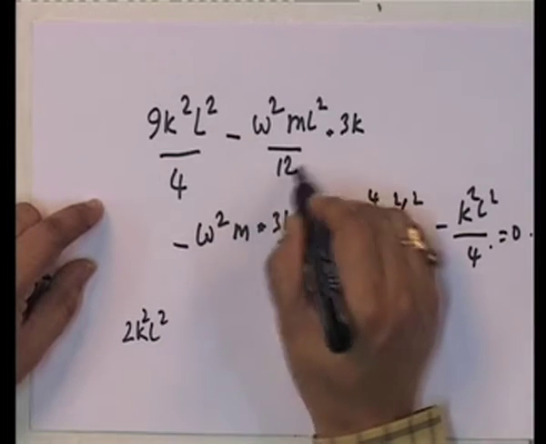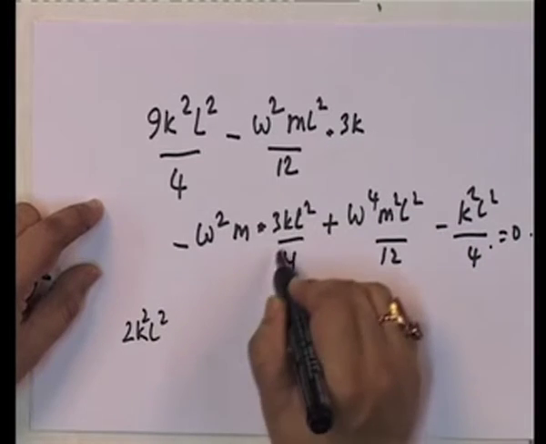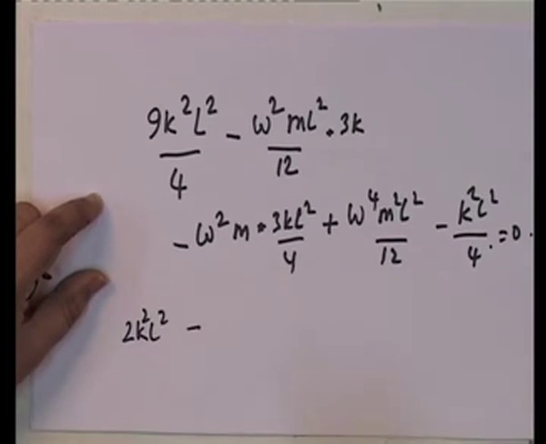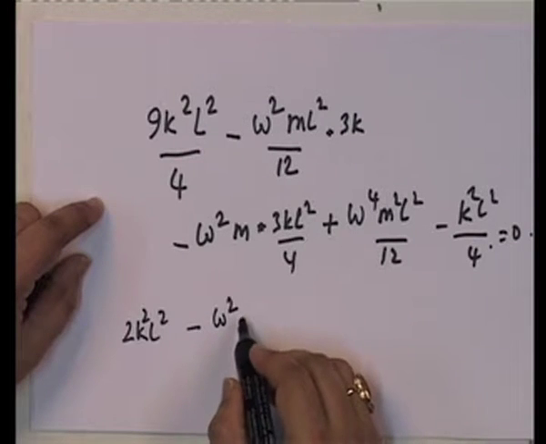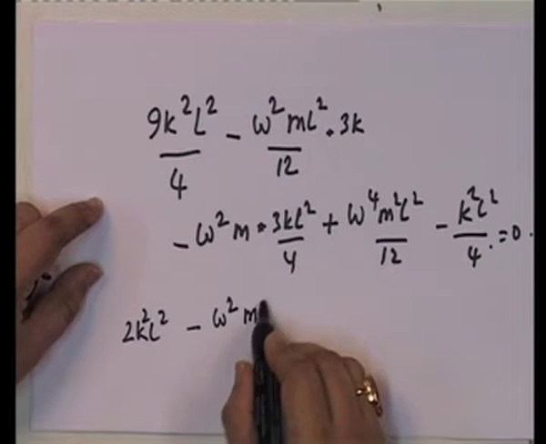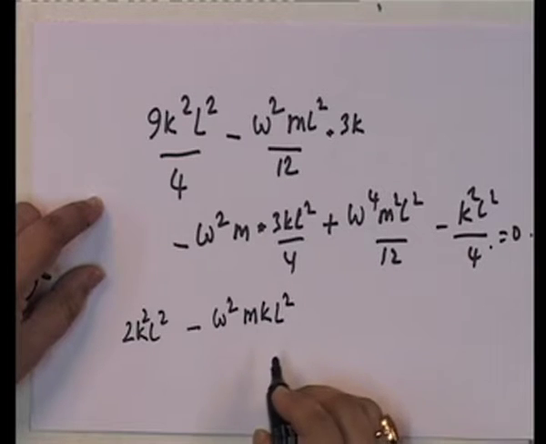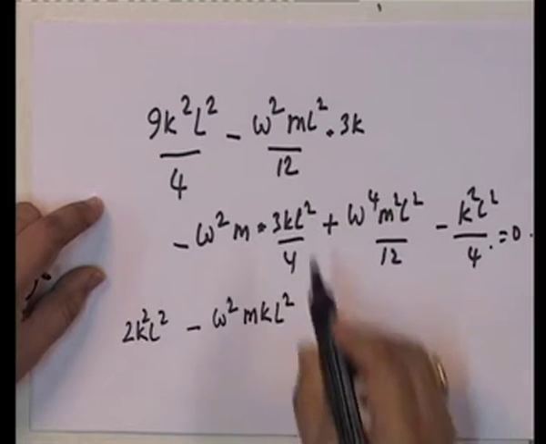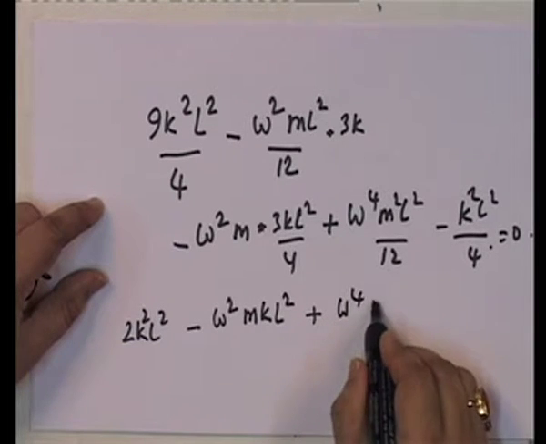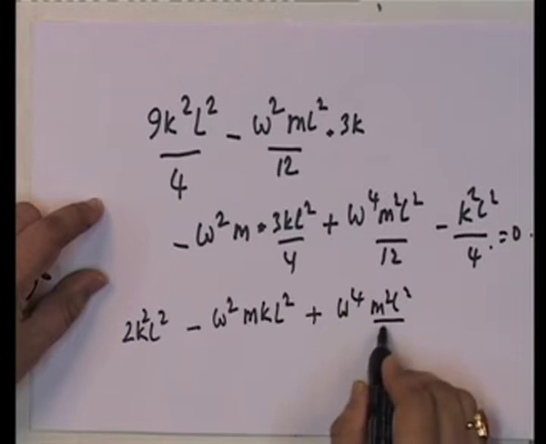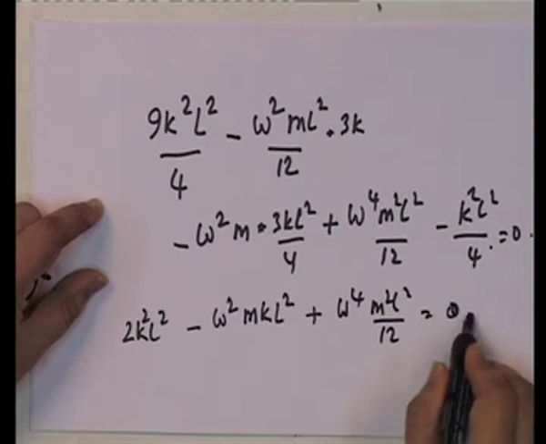So, minus 1 by 4 minus 3 by 4 becomes minus 1. So, this becomes minus omega squared m k L squared, and then plus omega fourth m squared L squared upon 12 equal to 0.